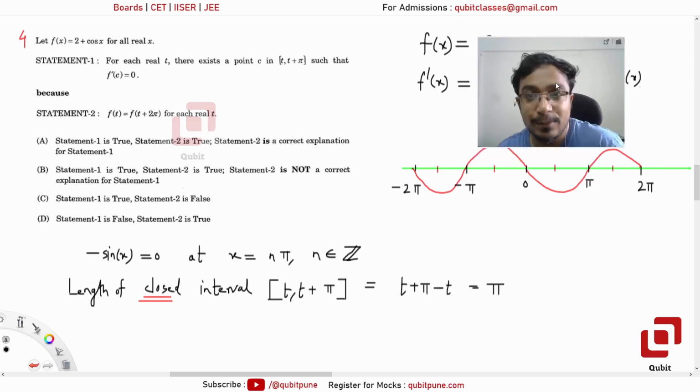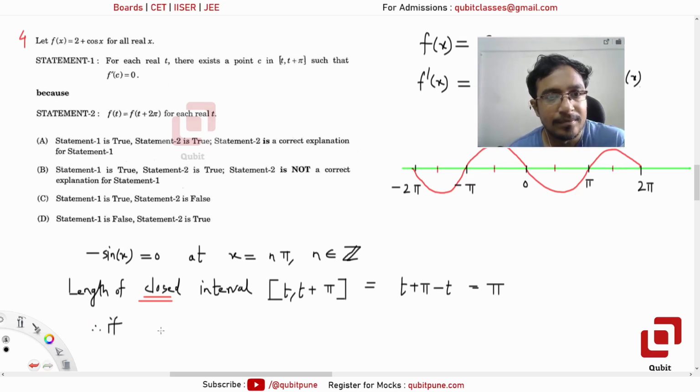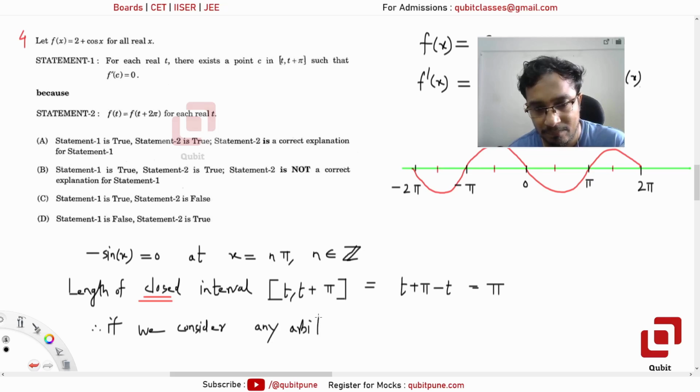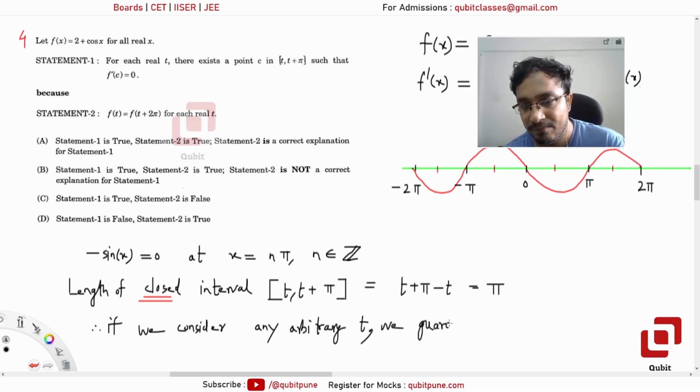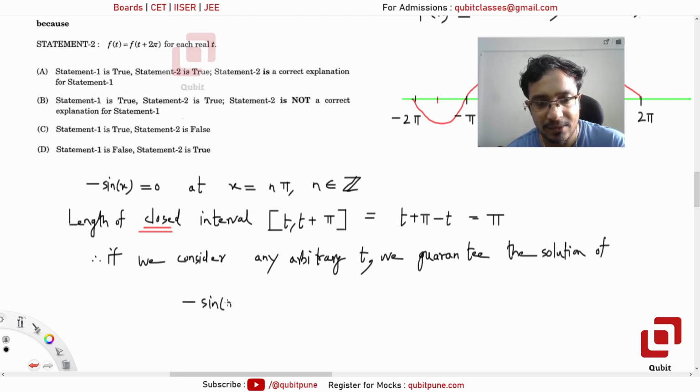So if we consider any arbitrary t, we guarantee the solution of minus sin x equal to 0, or sin x equal to 0, doesn't matter, in the closed interval t to t plus pi.